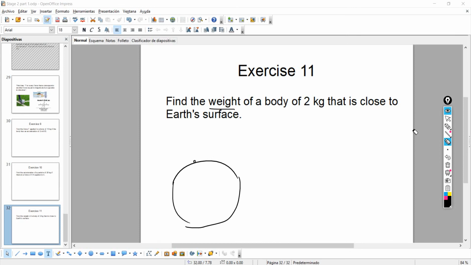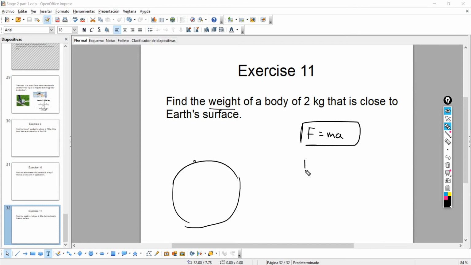Well, since weight is a force, then it has to follow the second law of motion. This is the second law of motion. Force equals mass times acceleration. If the weight is a force, then the weight has to follow this same rule.